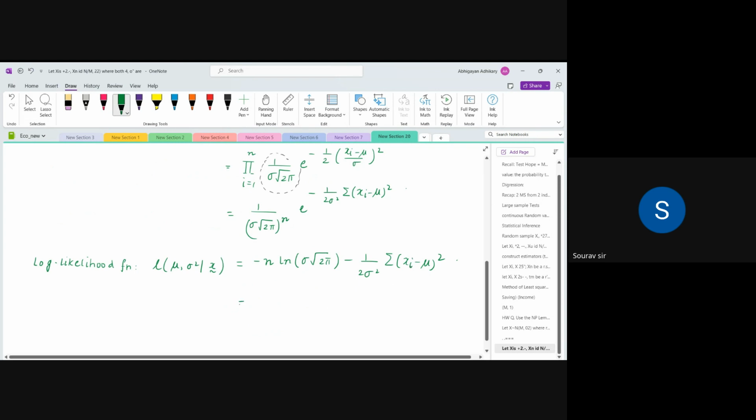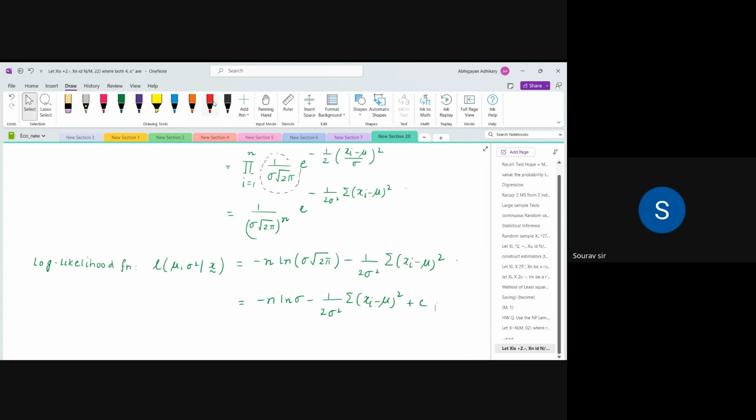So that can be written as minus n log sigma minus 1 by 2 sigma square summation (xi minus mu) whole square plus the constant that you get from n and root 2 pi. Okay, understood by everyone? So this is your log likelihood function.